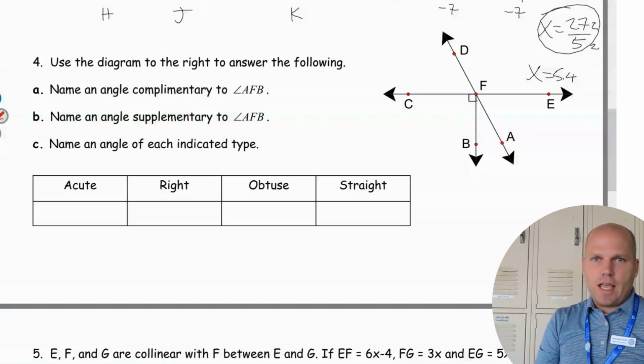J is between H and K. I'm going to draw a picture to help me. Because J is between, you can't assume that it is going to be a midpoint. Between does not assume midpoints.